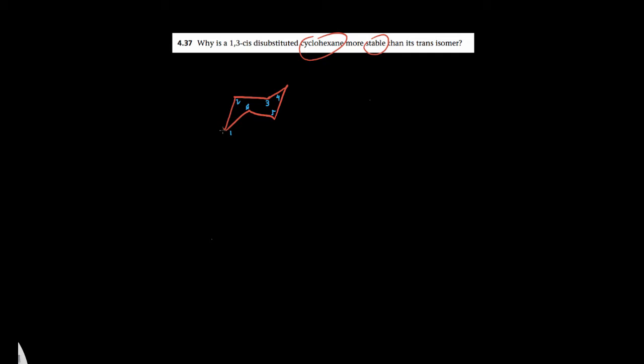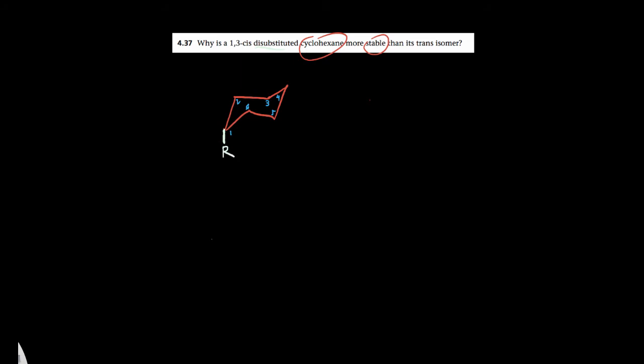So let's look at cis 1,3, and I'll just put one methyl group. And this says disubstituted. It can be substituted with anything, but why don't we just call it R here?